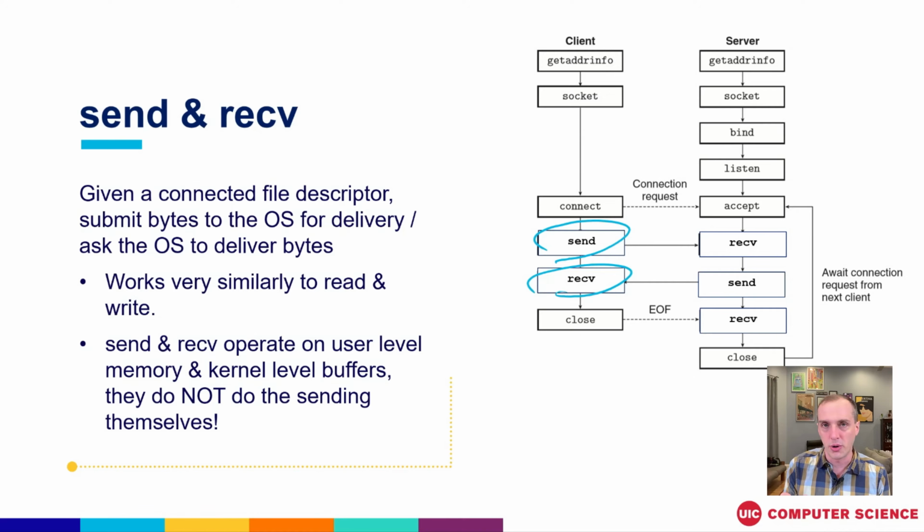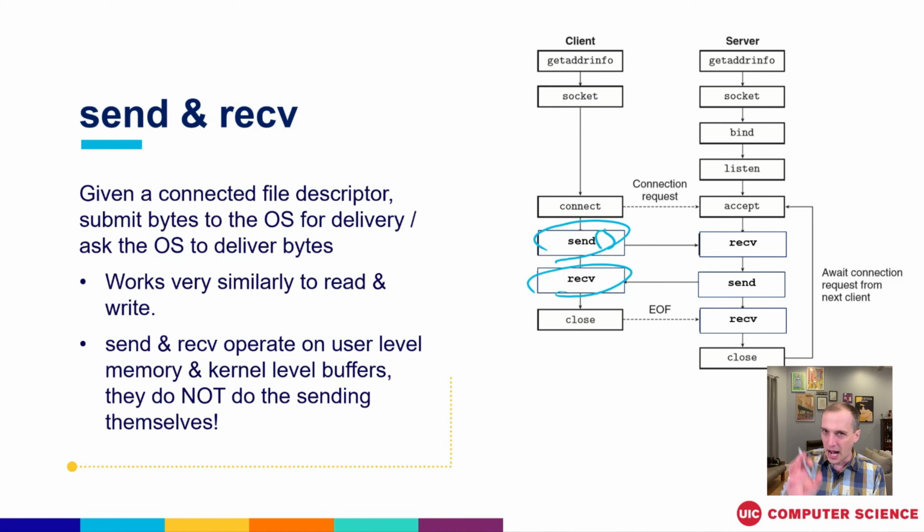It's incredibly important to remember that the moment you have called send, all you've done is told the operating system, hey, please deliver this for me. If the operating system comes back and says, okay, you gave me 1500 bytes and my return value is 1500, that does not mean that those 1500 bytes have hit the network and gone out. That does not mean that the server has received them.